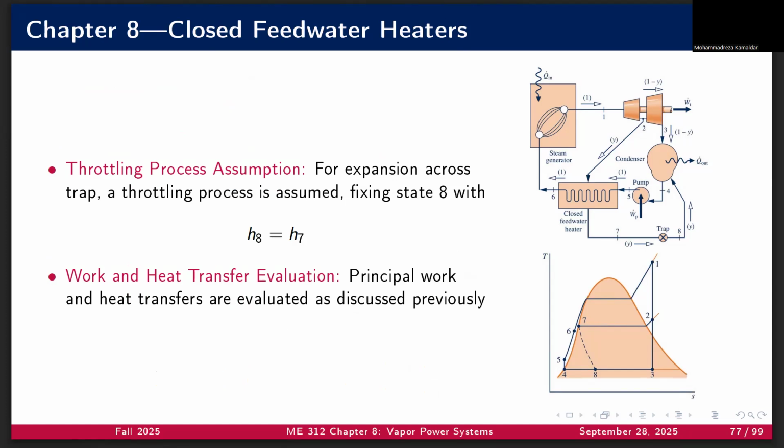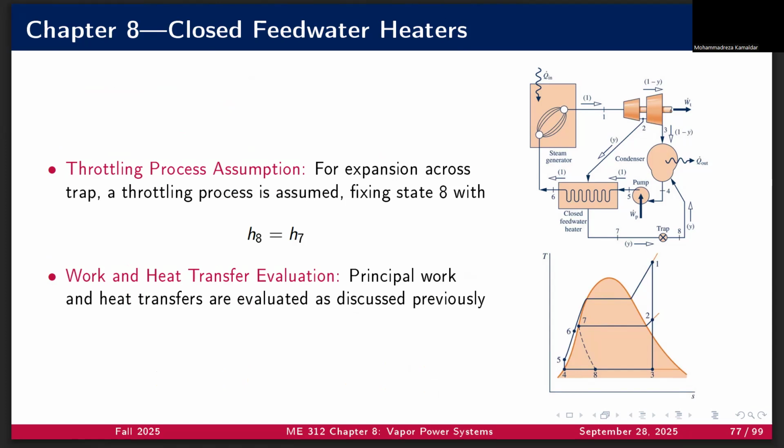Now we have successfully developed the energy balance equation to solve for the extracted flow fraction Y. Let's finalize the key assumptions that allow us to use these simple equations and calculate all necessary work and heat terms for an entire cycle.